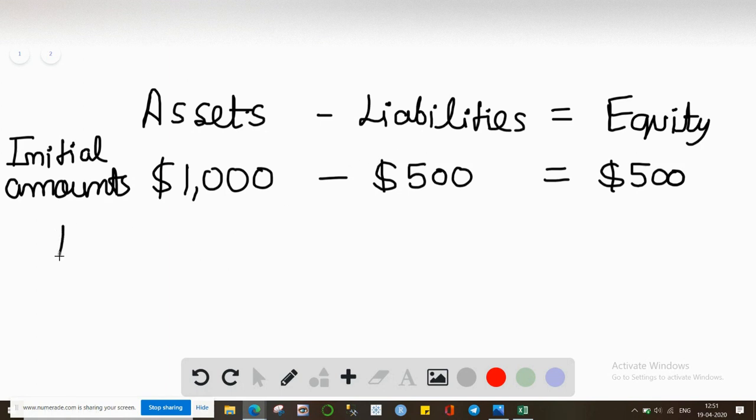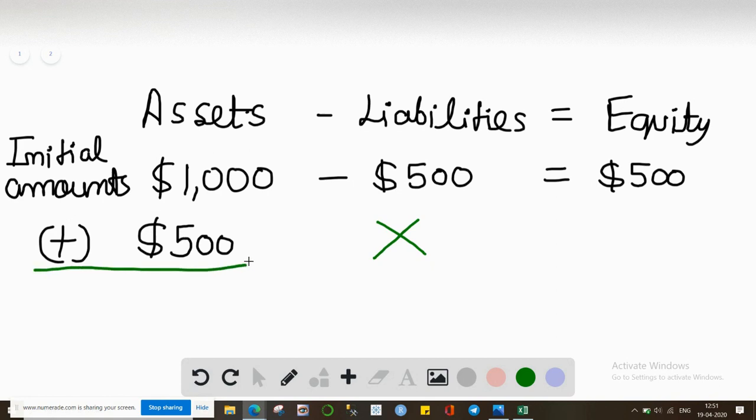So if we have made a sale of $500 in cash, the asset side will increase. There will be no liability, because for making this sale we have incurred no liability.